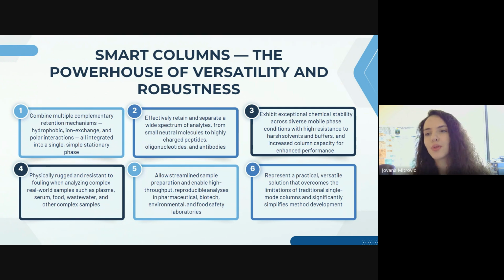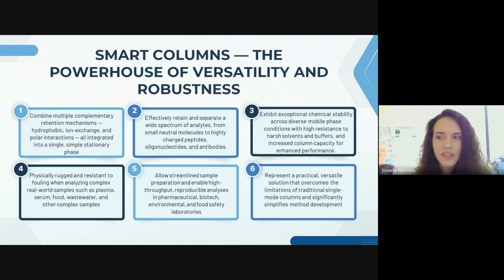And today, when we talk about smart columns, we are really talking about mixed mode columns. They've truly changed what's possible in chromatography by combining multiple interaction mechanisms into a single column. They've opened the door to separating a much broader range of analytes in complex samples.